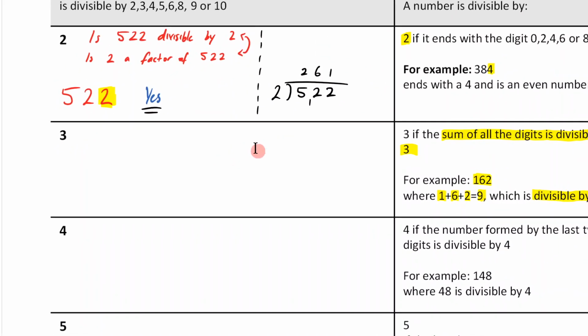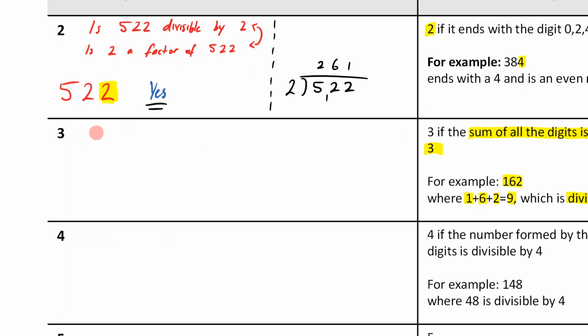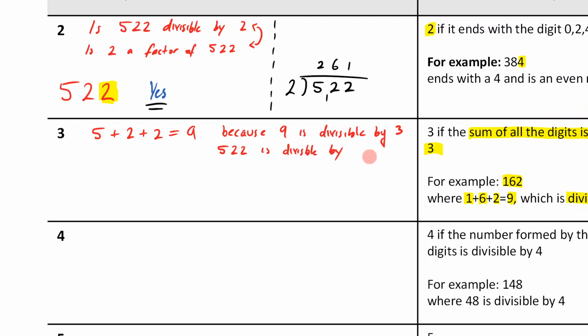So that means for our example here, we're going to take the digits of 522. So 5 plus 2 is 7, plus 2 is equal to 9. And then we can say, because 9 is divisible by 3, 522 is divisible by 3.